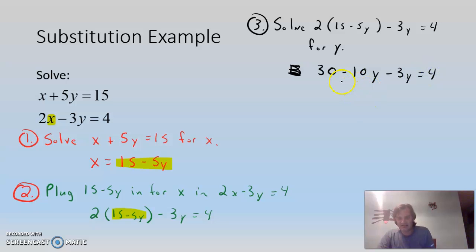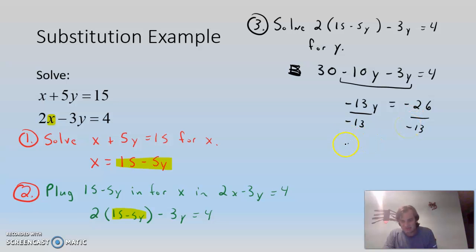If I clean this up, I'll combine my y terms, and on the left I'll have negative 13y. If I subtract 30 to bring it over to the other side, I'll have negative 26 on the other side. I'm solving for y, so I'll divide both sides by negative 13, and I get y equals 2.